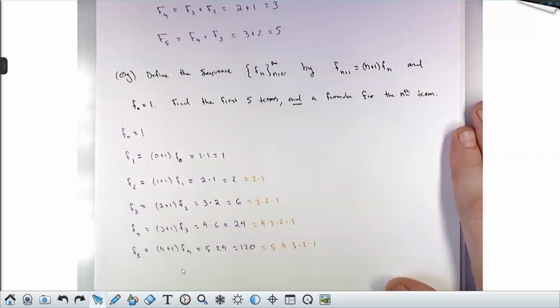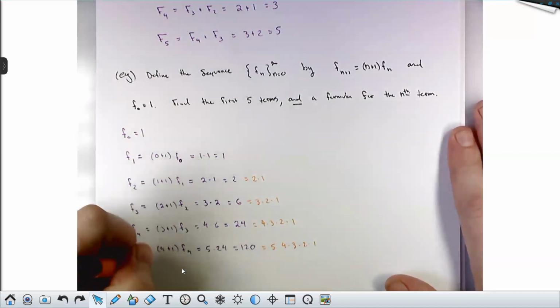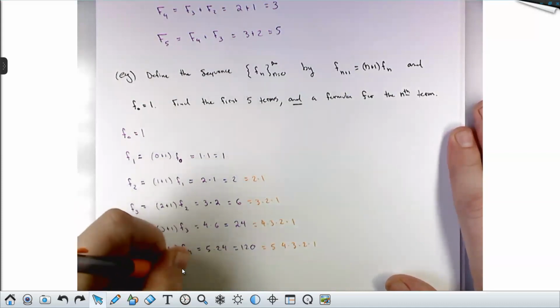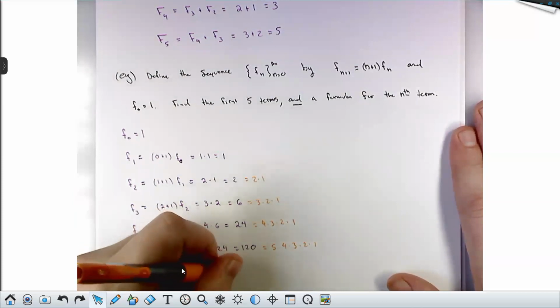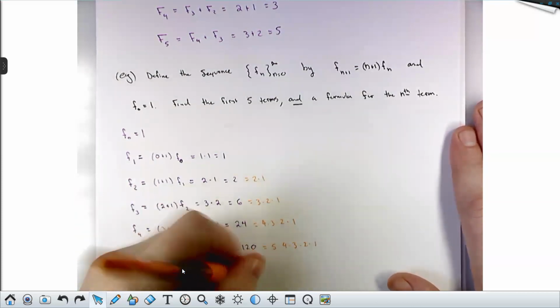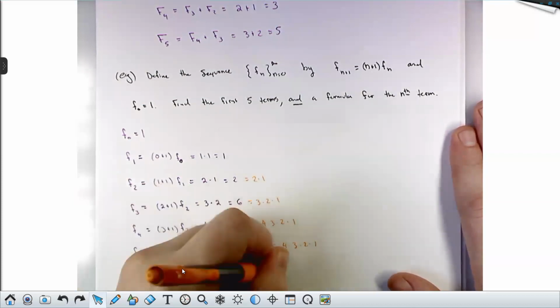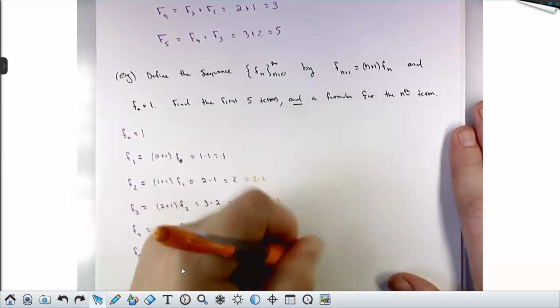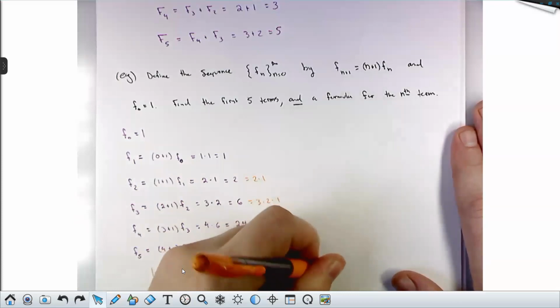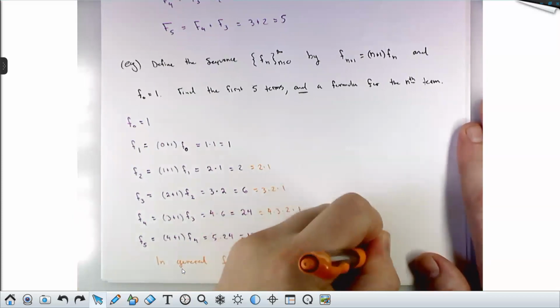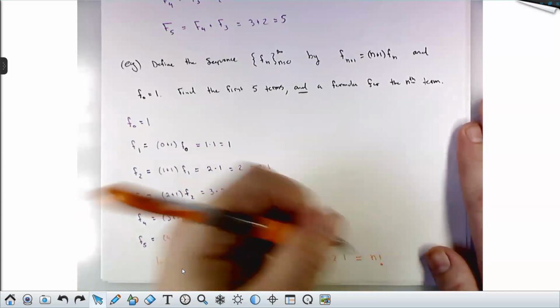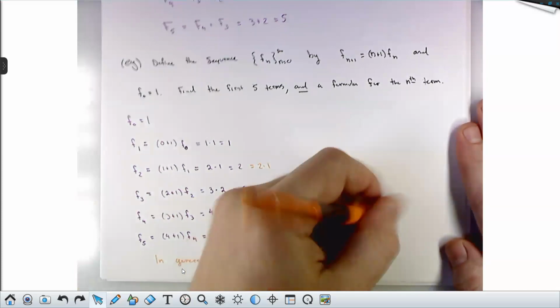So what's the pattern here? It looks like in general, F sub n would be n times n minus 1 times n minus 2, and you just go all the way down until you get to 3 times 2 times 1, which is normally written as n exclamation point, called n factorial.